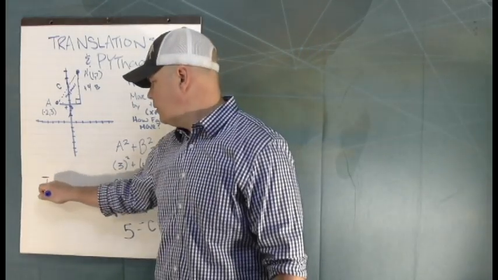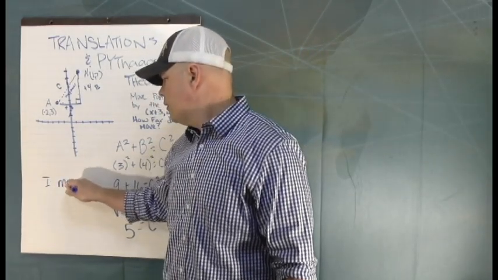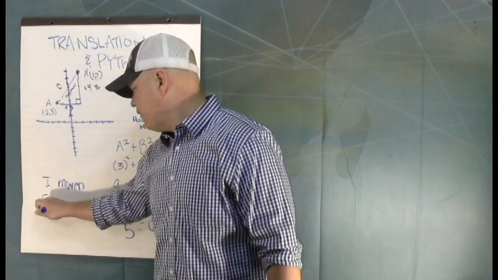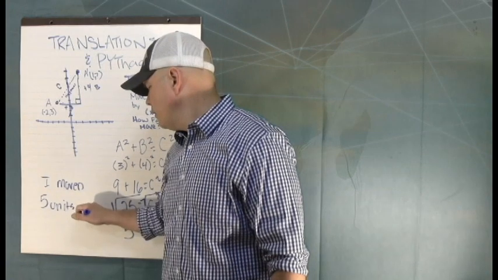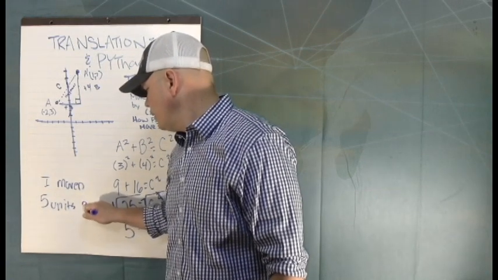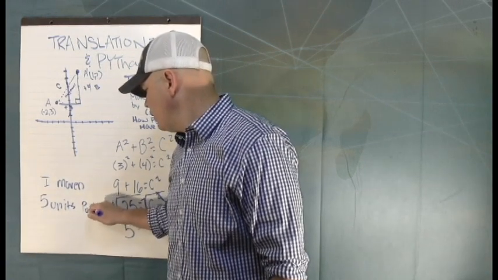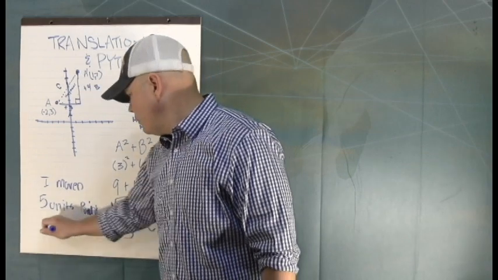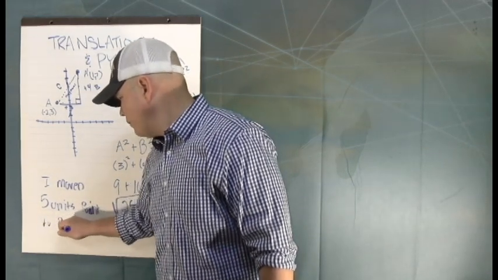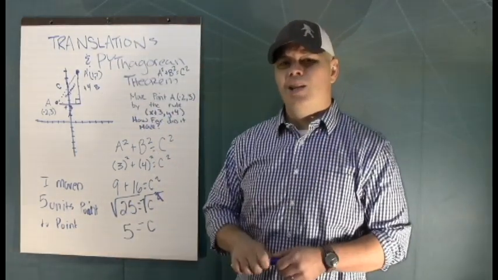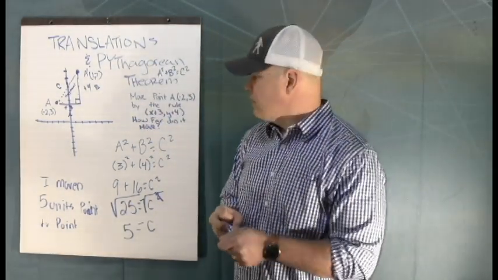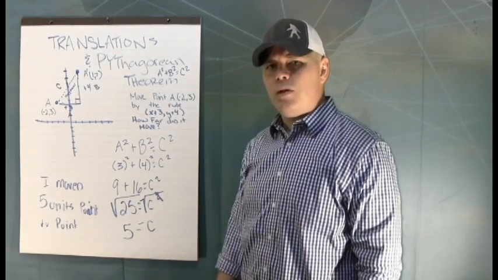I moved 5 units, point to point. Okay? Now, I know that that's quite a bit that we're dealing with there. There's a lot going on, but that's really where those translations are.